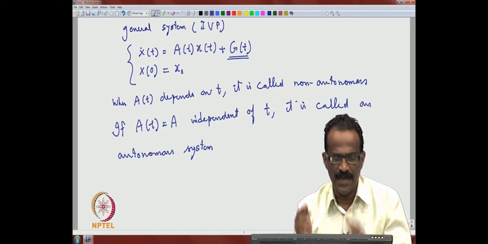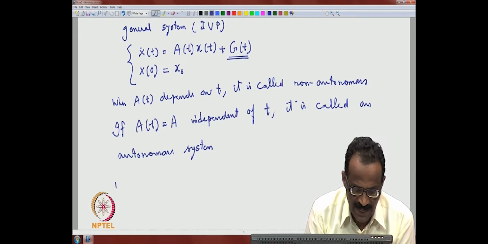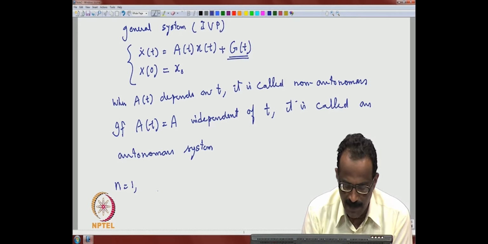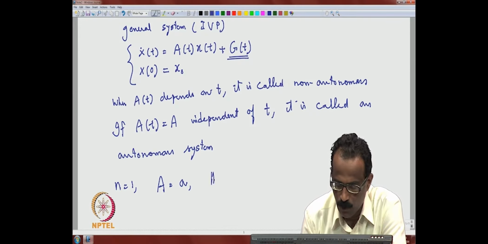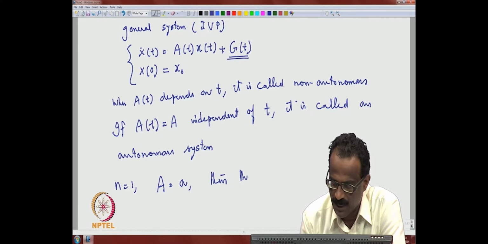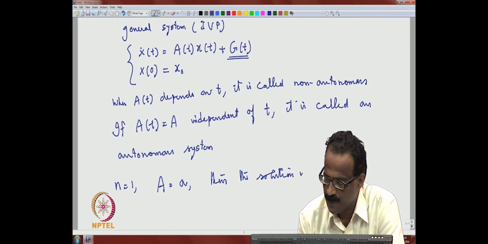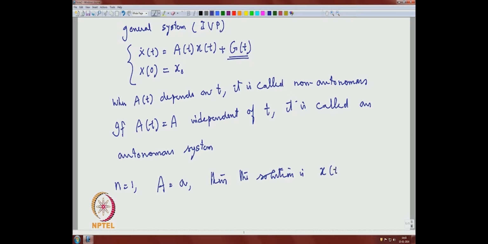So, our major aim: if you look at the case n equal to 1, that means A is equal to a, then the solution, you know already, is x(t) is equal to e to the power t a into x naught.